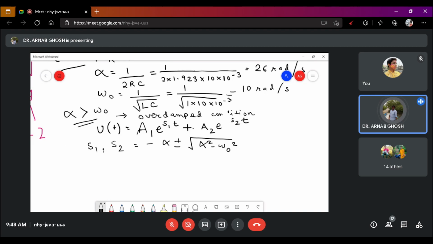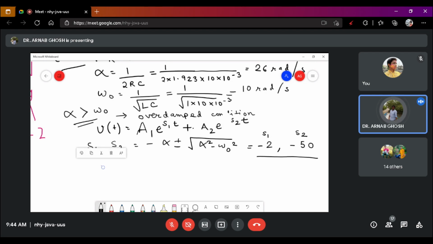So you just calculate this. You will have two values, minus 2 and minus 50. So S1 is minus 2, S2 is minus 50. Please calculate this.